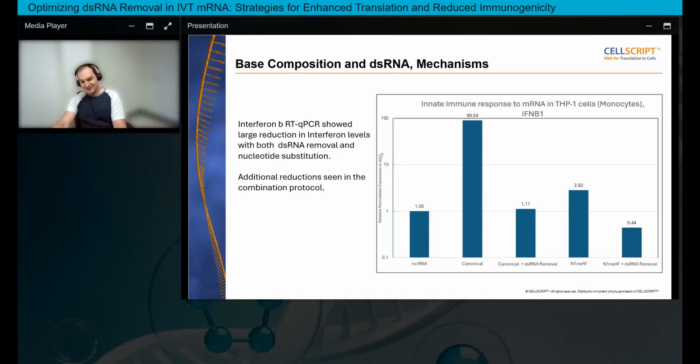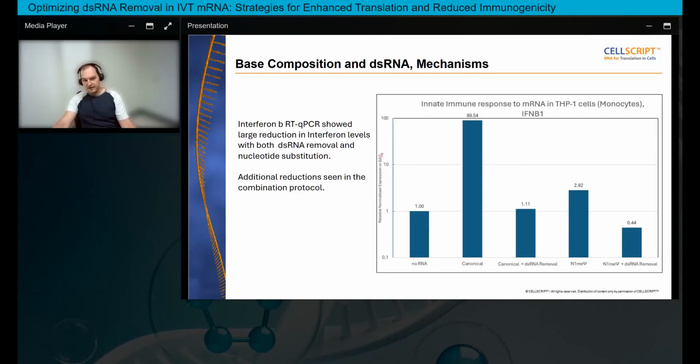I had to use log because the difference is just that huge, where the normalized expression of interferon beta in the canonical nucleotides is 89.54, and that's reduced by almost 2 orders of magnitude whenever you introduce dsRNA removal into those systems. And also N1-methyl pseudo-UTP helps a bunch, just not quite as much as dsRNA removal.